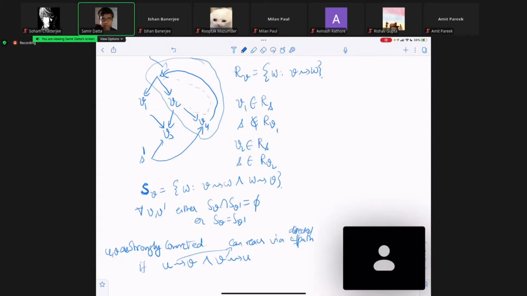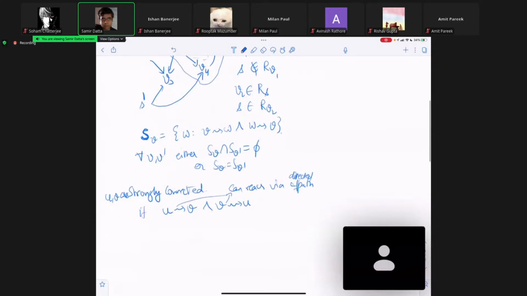Now you take the maximal strongly connected components. When do we say something is strongly connected? When for all U, V in this set S, U can reach V and V can reach U. So everything in S is pairwise strongly connected.